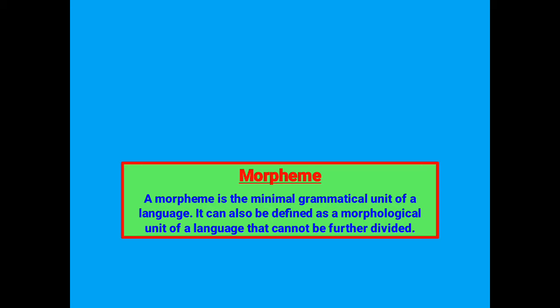So what it means is that a morpheme is the smallest grammatical unit of a language, the lowest grammatical unit that makes sense or stands on its own.